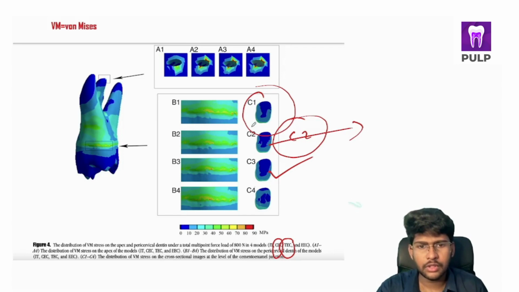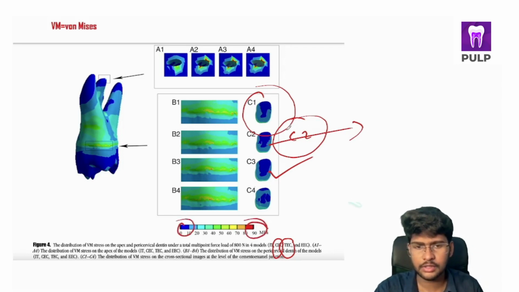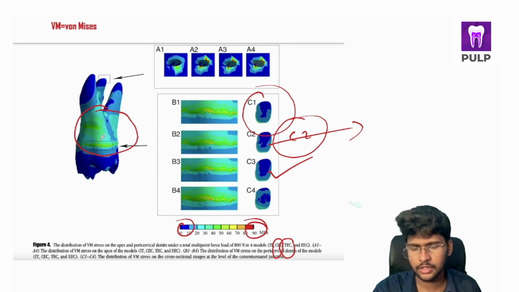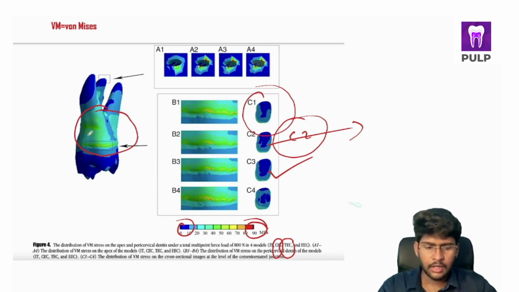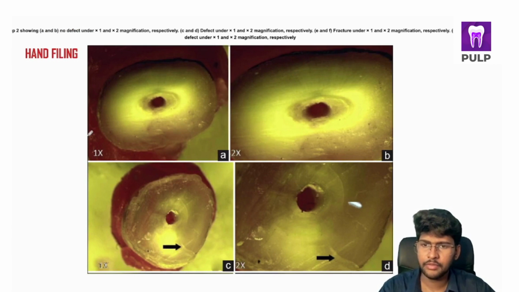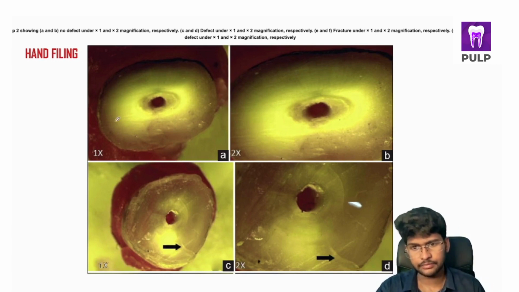Here you can clearly see the distribution of forces in this picture, and you can clearly appreciate the concentration of all the stresses in the pericervical dentin or the pericervical region.